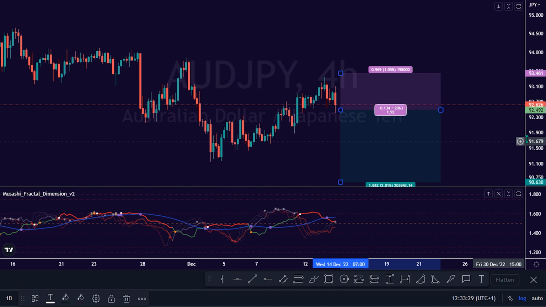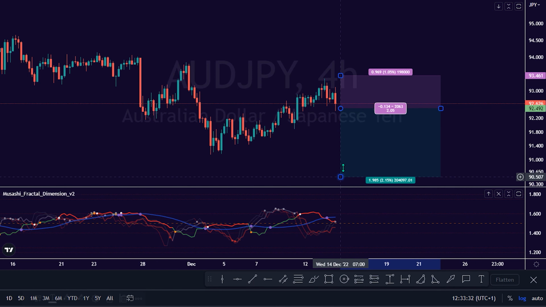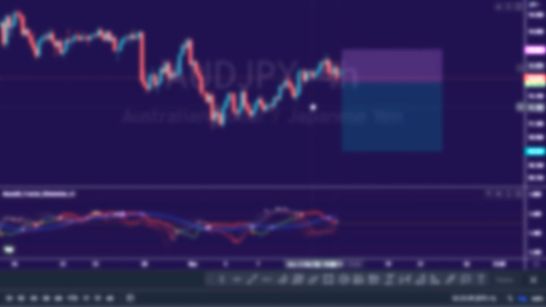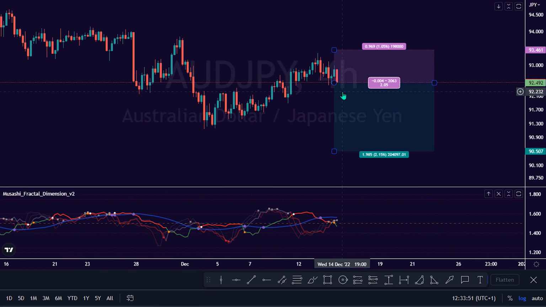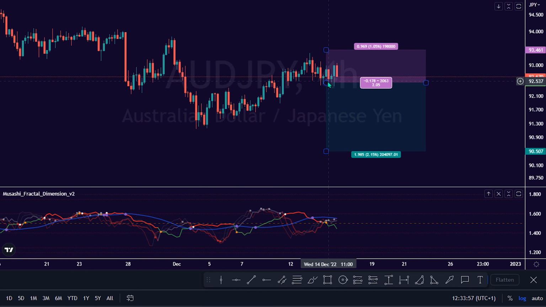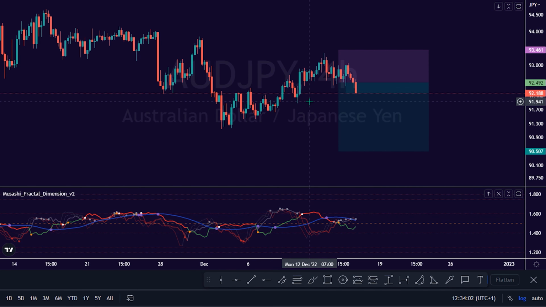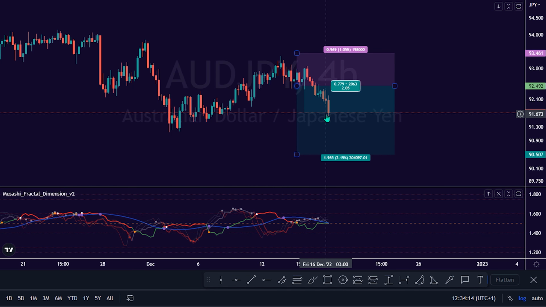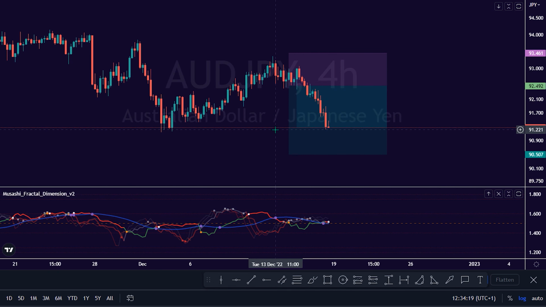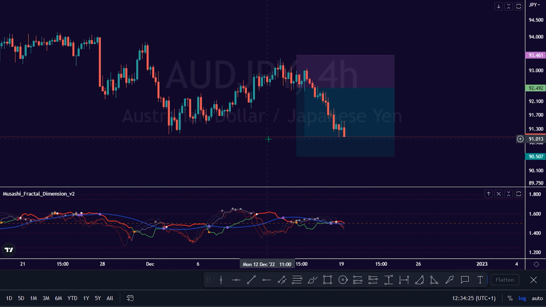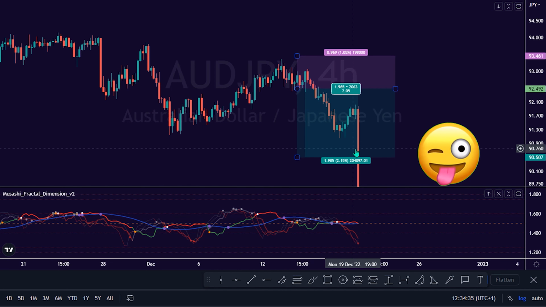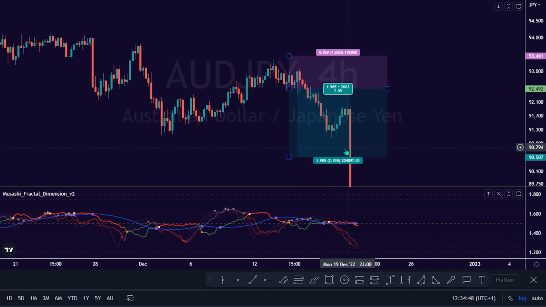We will target 2 risk-to-reward ratios. Let's patiently wait to see how the sell trade goes. The bears set in aggressively. The sell trade finally resulted in a winning trade.